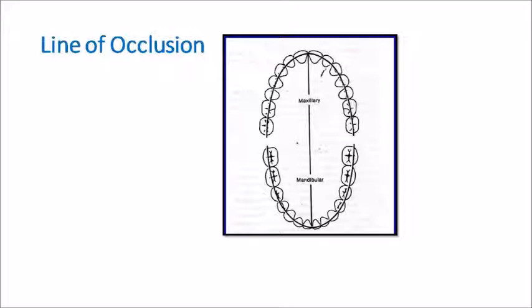So he was able to specify the interarch relationship through the line of occlusion as well as the relationship of the maxillary first permanent molar to the lower arch. These were the two important concepts of Angle's definition of normal occlusion. Please note that in the upper arch, the line of occlusion passes through the central fossa of the molars and the cingulum of the upper canine and incisors, whereas in the lower arch it passes through the buccal cusps and incisal edges of the lower teeth.